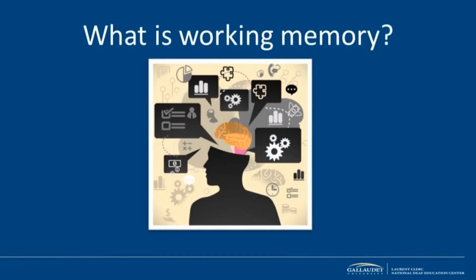This is an example of working memory. So as you can see, your working memory is absorbing a lot of different pieces of information. Lots of different information is coming at you, and you have to screen out what's important.